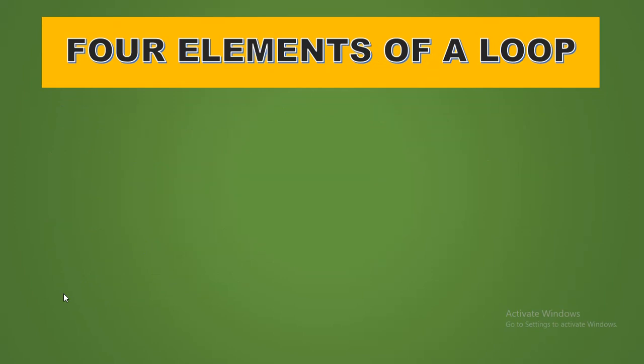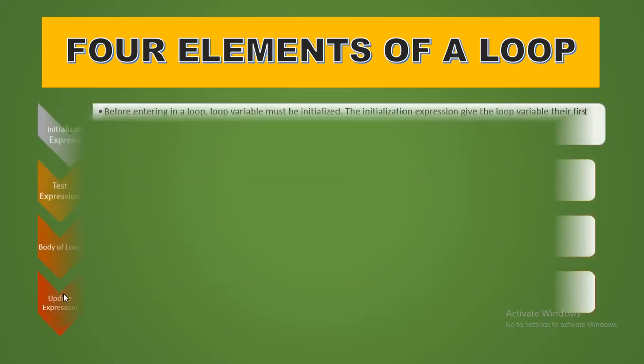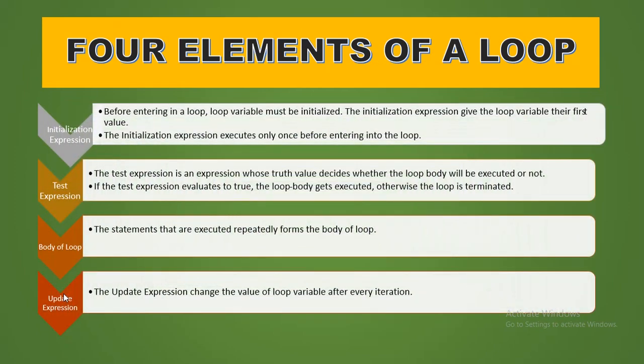Now the four different parts of loop are: initialization expression, which means before entering into the loop we have to initialize the loop variable, and initialization expression means it will get the first value of the loop variable and executes only once before entering into the loop.